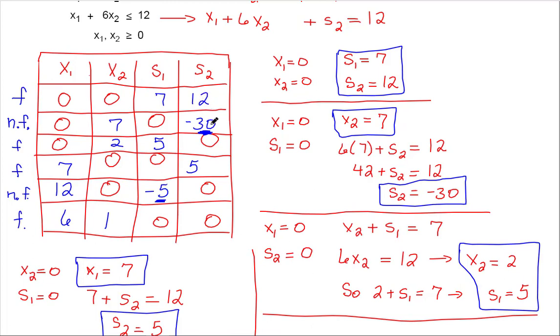Here's something not greater than or equal to 0, so that's not feasible. Similarly here, not feasible. So anytime any of your pieces are not 0 or positive, meaning that they're negative, it's not feasible.